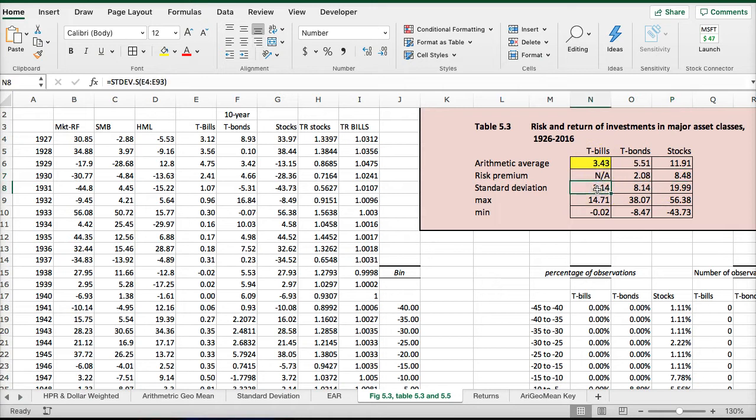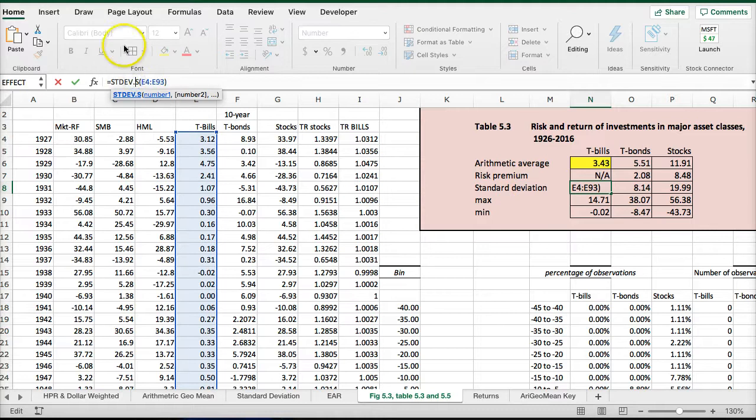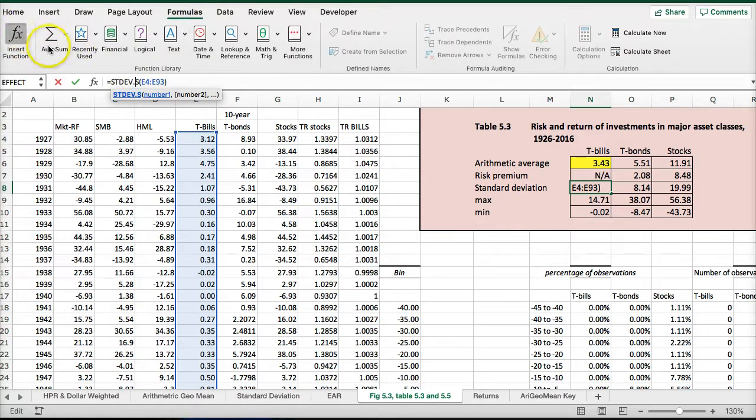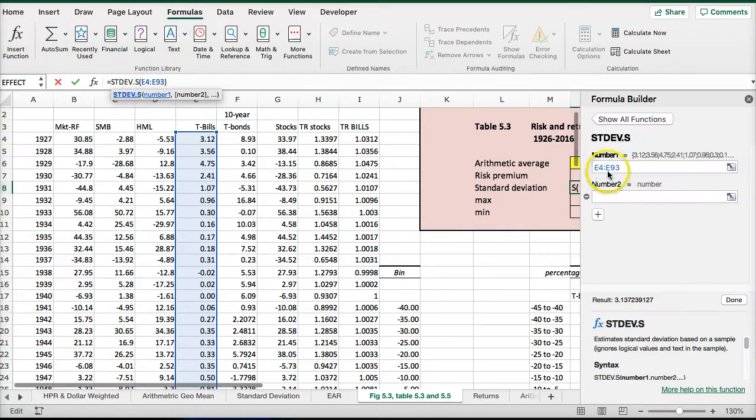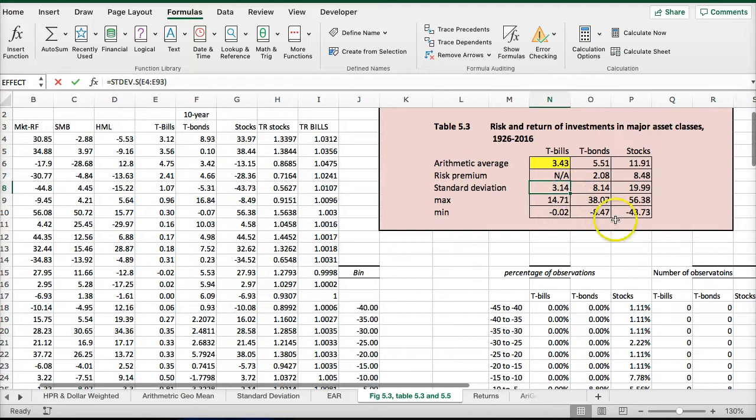Standard deviation, we could use this STDEV.S formula where we just highlight the column, and that'll give us the standard deviation for treasury bills, T-bonds, and stocks. And then the min-max, if I use a min and a max function, it will search the column to give me the lowest value and the highest value to give us the range.